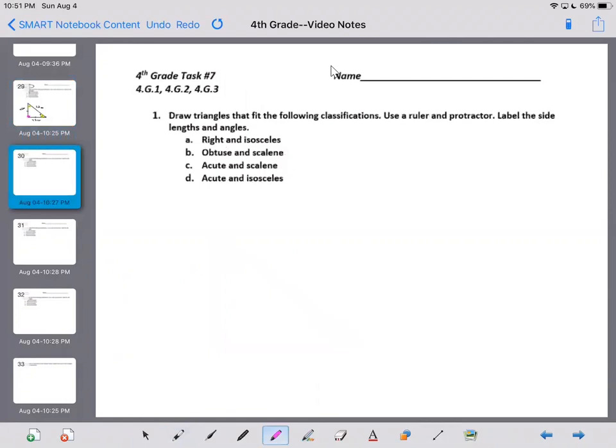Next, let's look at an obtuse scalene. So I would ask you to take your centimeter ruler and draw a segment that is 2.5 centimeters. And at this vertex right here, I'd like for you to create a 129 degree angle. So it looks something like this.